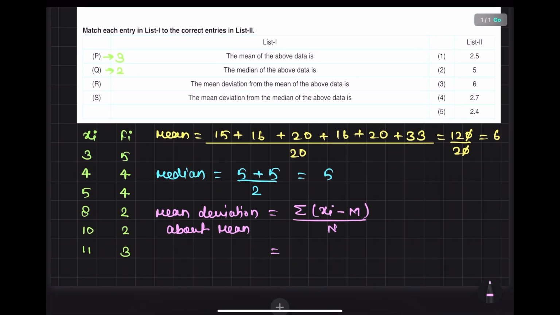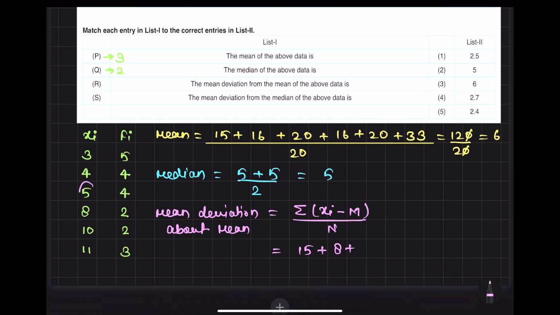So from 3 you will subtract 6, because 6 is the mean, so you get 3. Now 3 times 5 is 15. Is that okay? And you have to take the mod. Okay, don't think about the sign. So 4 minus 6 is 2, and 2 multiplied by 4 is 8.